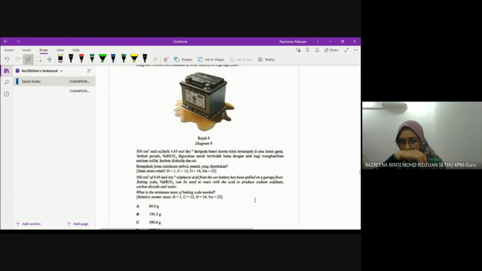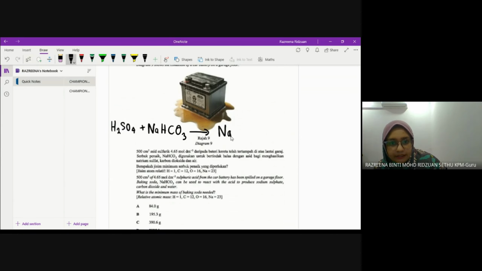So you have sulfuric acid. Let's write the chemical equation. H2SO4 plus NaHCO3. What do you get? Na2SO4, sodium sulfate, carbon dioxide, and water.